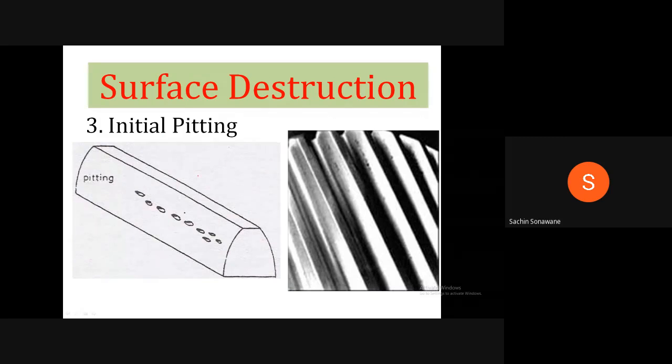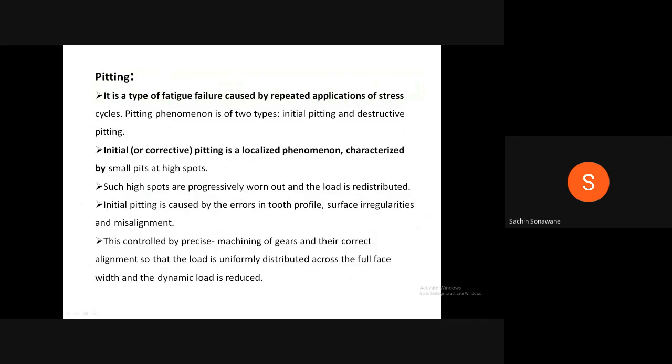Therefore, what is meant by pitting? It is a type of fatigue failure caused by repeated applications of stress cycles. Pitting phenomenon is of two types: initial pitting and destructive pitting. Initial or corrective pitting is a localized phenomenon characterized by small pits at high spots. Such high spots are progressively worn out and the load is redistributed.